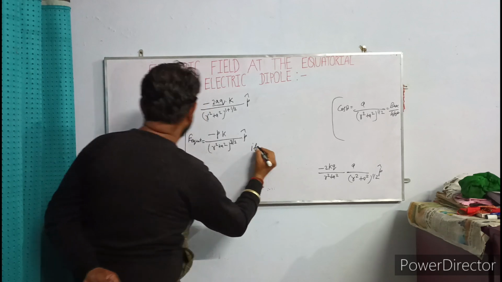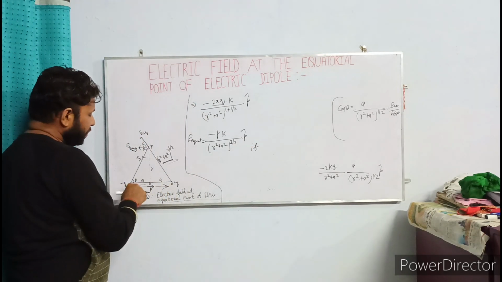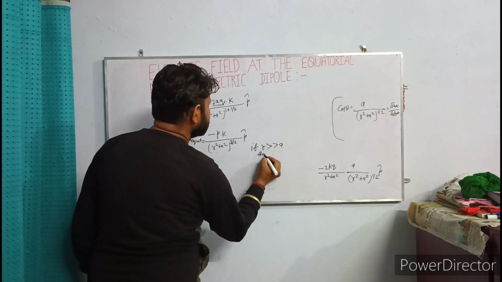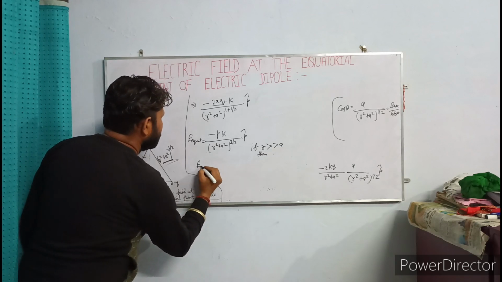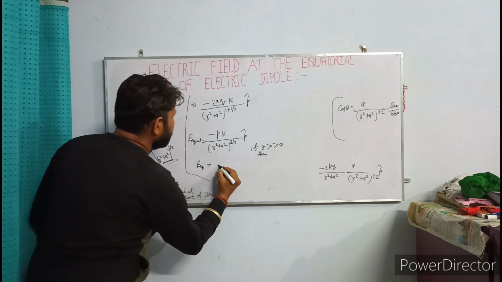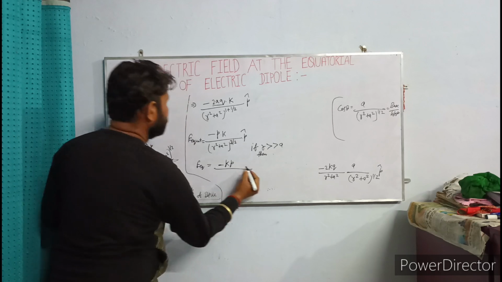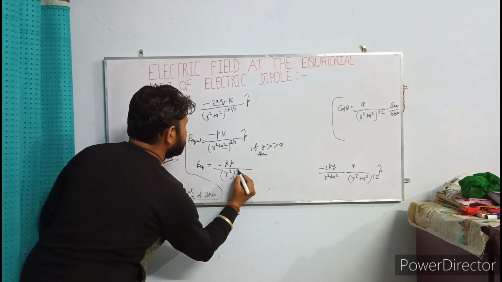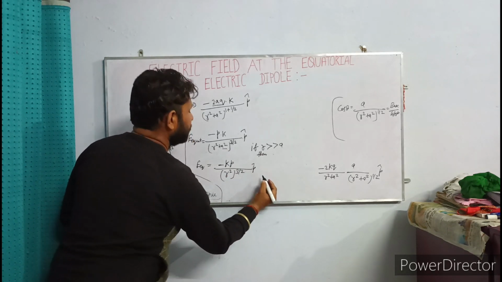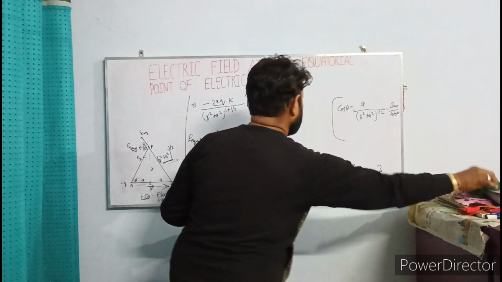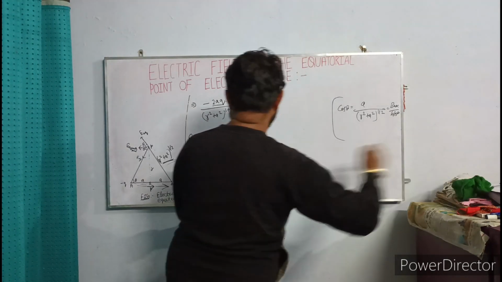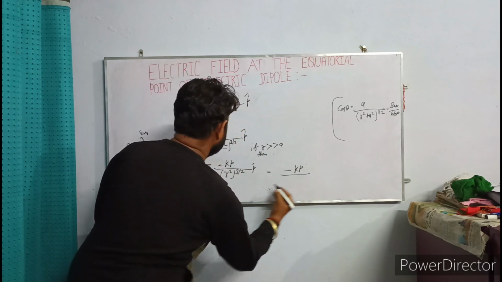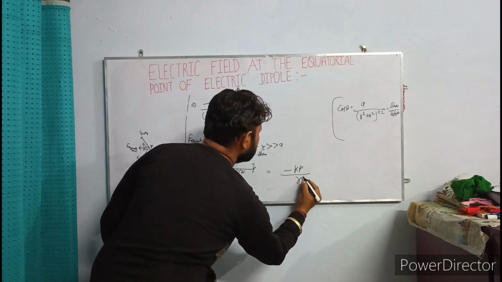Now if this distance is much greater than this distance, if r is greater than a, then E equatorial equals minus kp upon, neglecting a square, power 3 by 2, vector, equal to minus kp upon r cube.